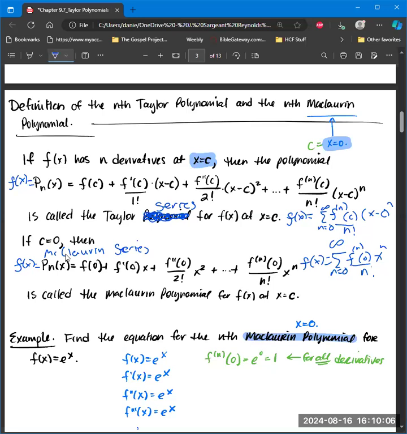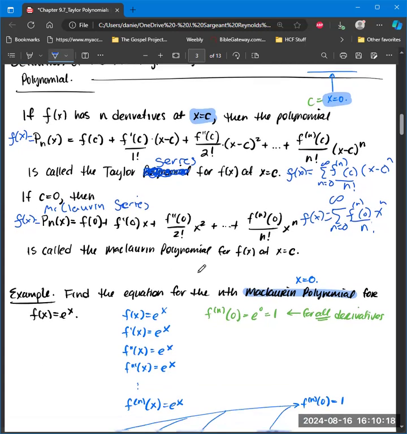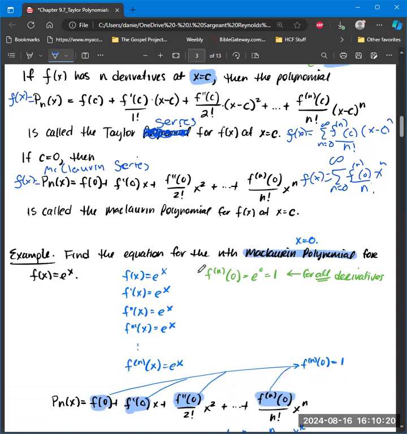The reason it's just x to the n there is because x minus nothing is x minus 0 is x, and then it's x to the n. So that makes it a lot easier for us. We like Maclaurin series when we can get them, simply because evaluating at 0 usually makes our life easier.